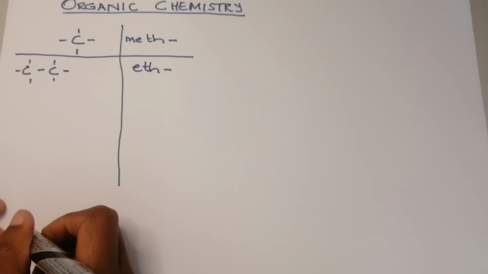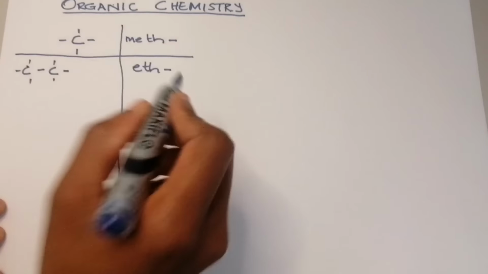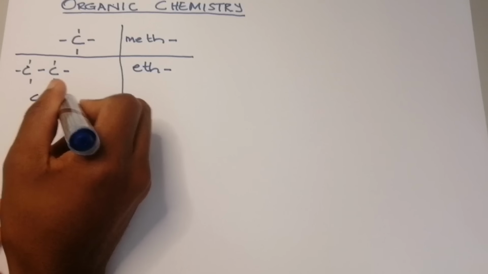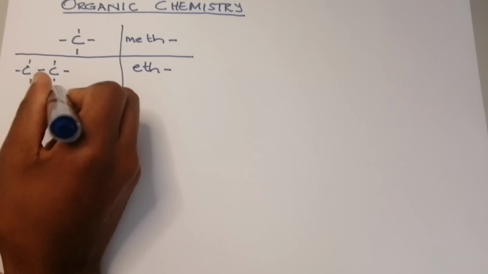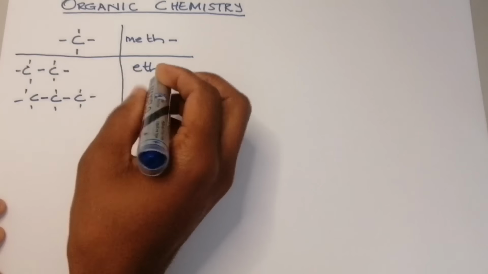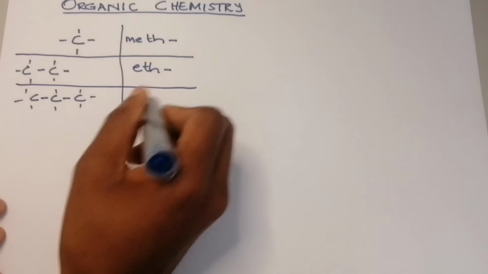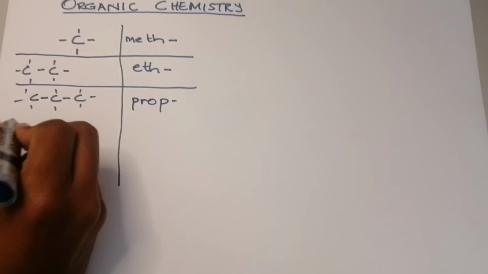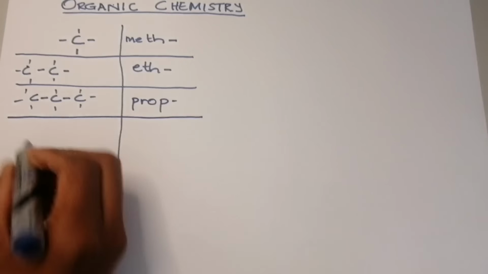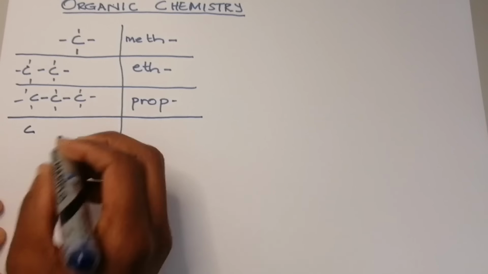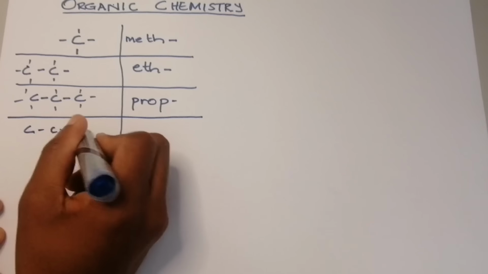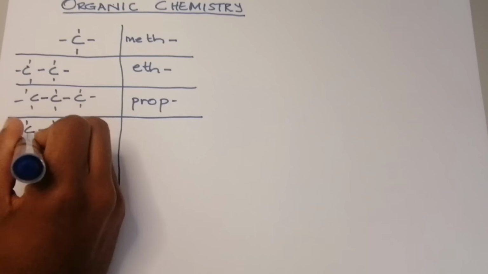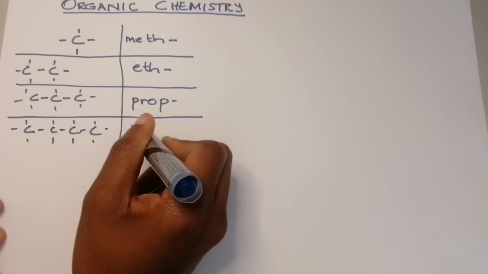Or in some cases you can say ethene. And 3 carbons, we use the prefix prop. If I've got 4 carbons, I'll use the prefix but, or butane. Please don't mind if I don't put in all the bonds.